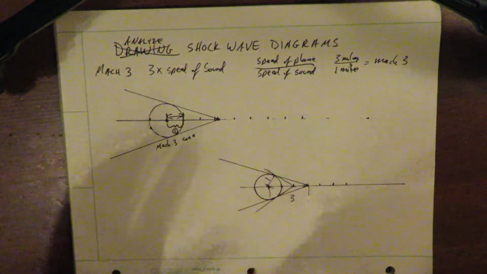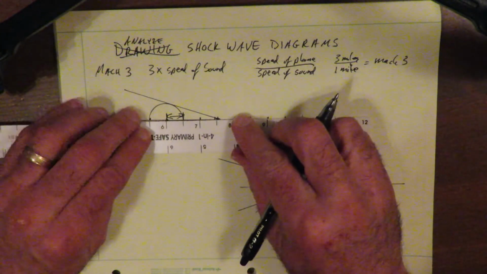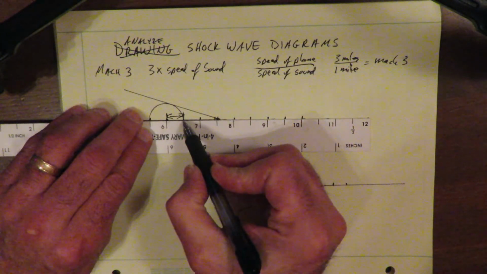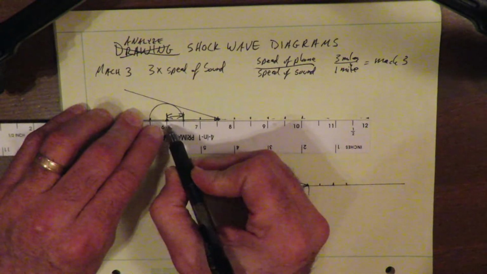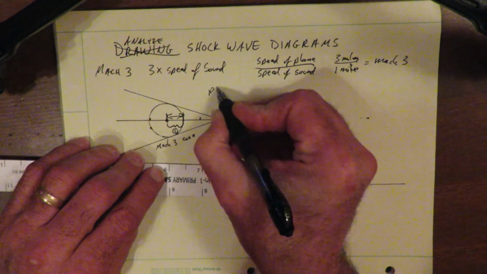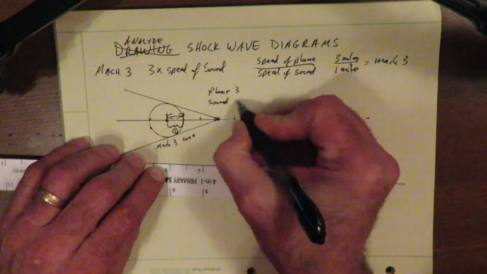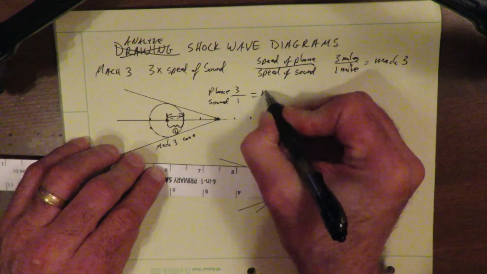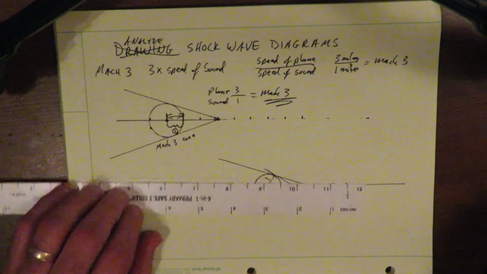And when I measure it, that is 1 unit. From here to here, 1 unit. And how far did the plane go in that amount of time? Well, the plane went 1, 2, 3 units. So the plane went 3 when the sound went 1, and that equals Mach 3. That's all there is to it.